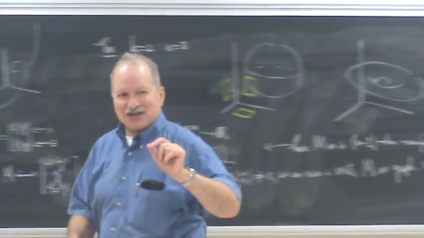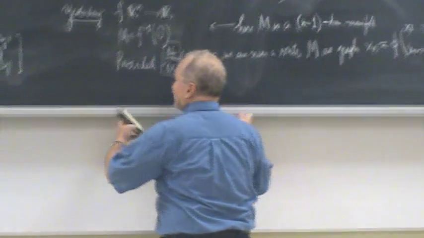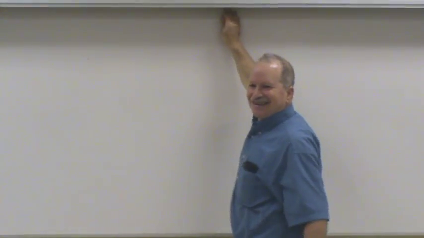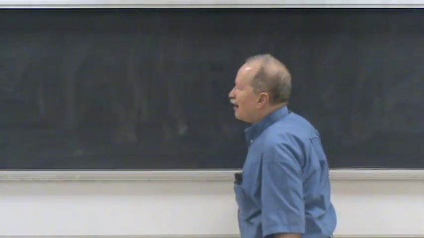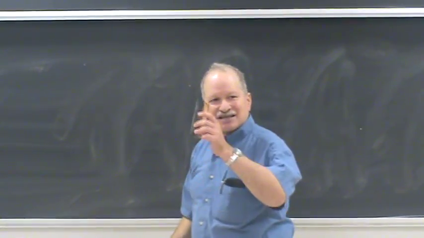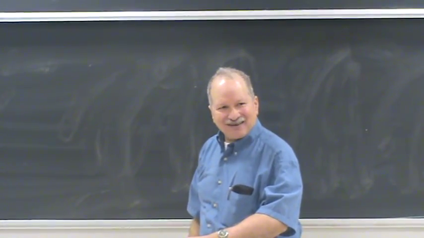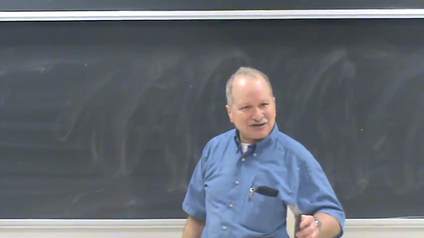Get the English correct, Mr. English major. As long as all the partials at a certain point aren't zero. This is one of the big problems with mathematics. As long as not all of them are zero, as long as some partial derivative is non-zero at each point.